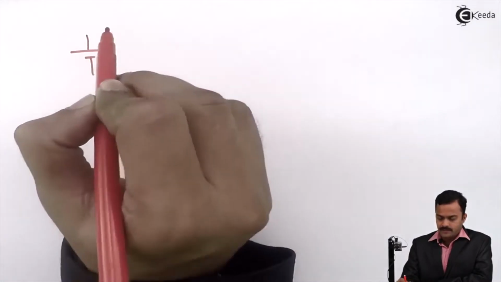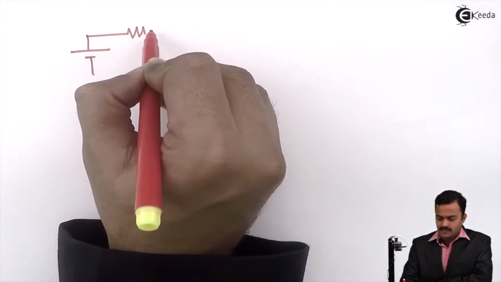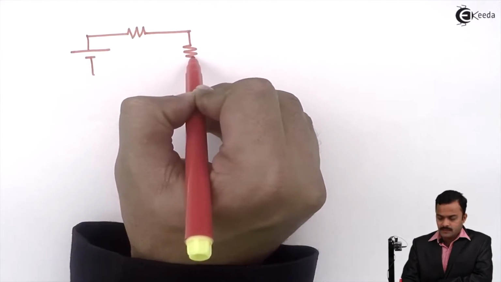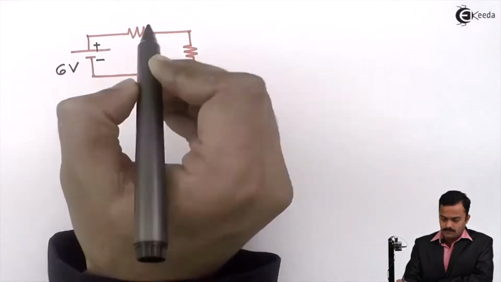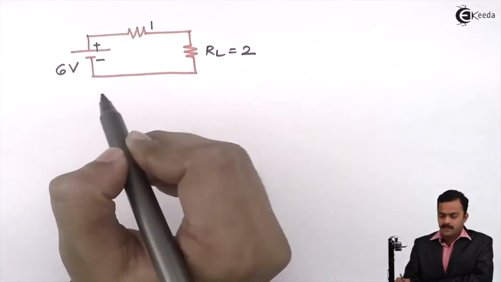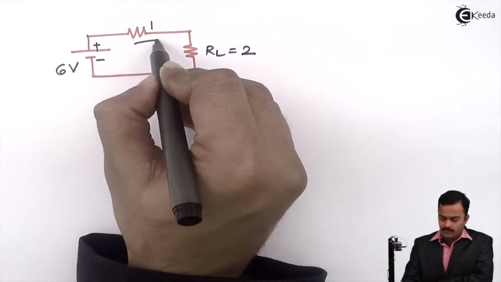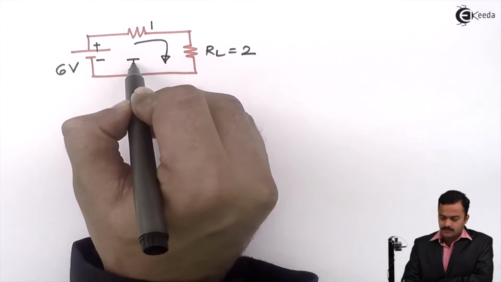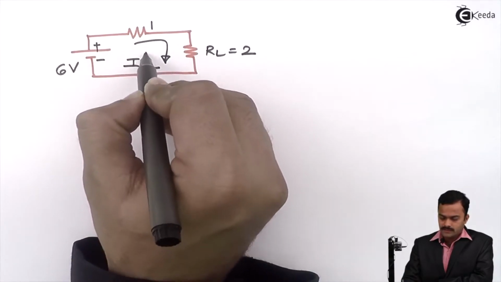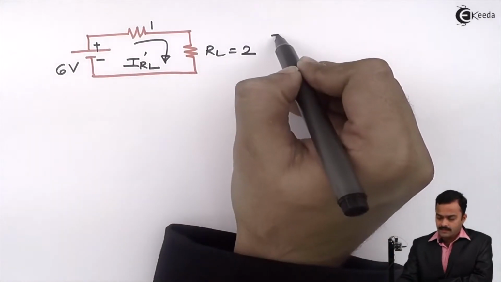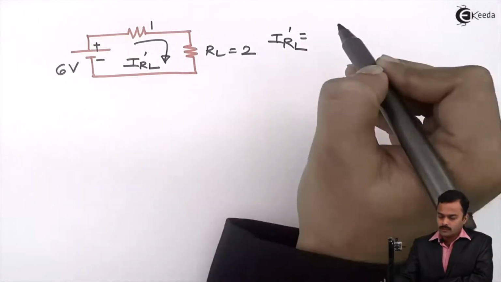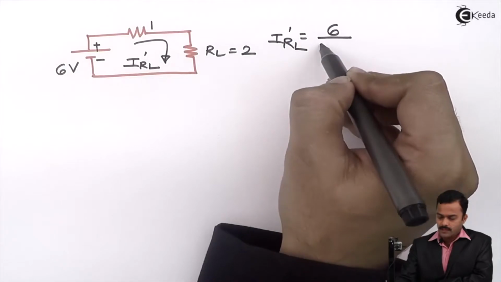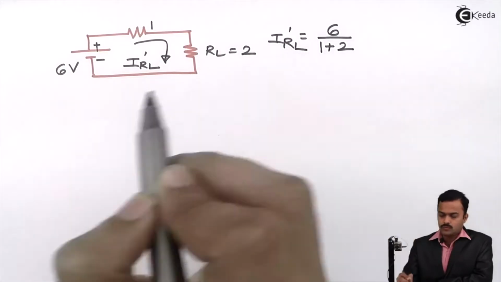6 volt battery, 1 ohm resistance, in series with load resistance of 2 ohm. Here it is very simple to find out current flowing through this load resistance, which I will mention as IRL dash. So IRL dash equals 6 divided by 1 plus 2.